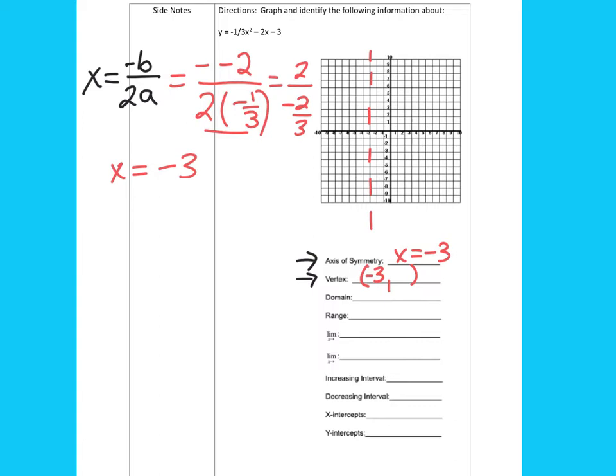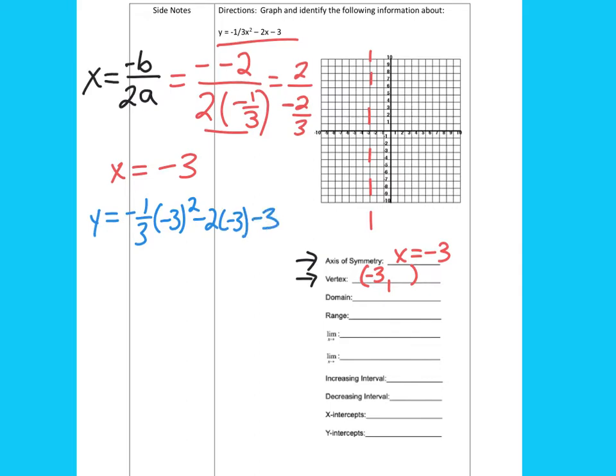How do I find the y? You plug it in for the, y equals x squared minus 2x minus 3. So I need to plug in that -3 for x. Good, to figure out what y is. So when I do that, y equals -1/3 times -3 squared minus 2 times -3 minus 3.